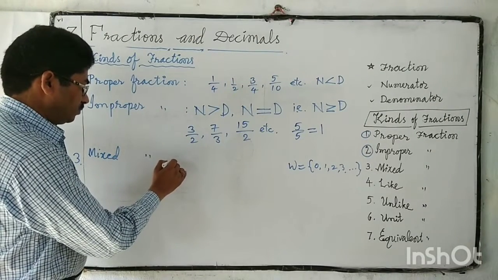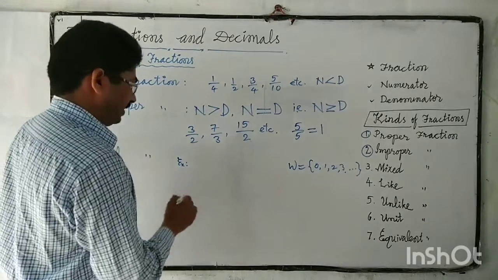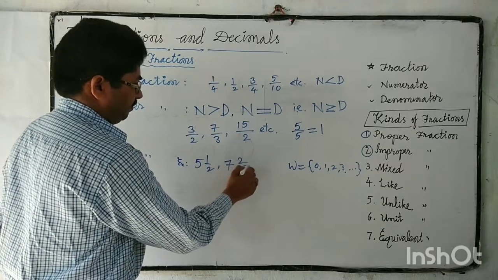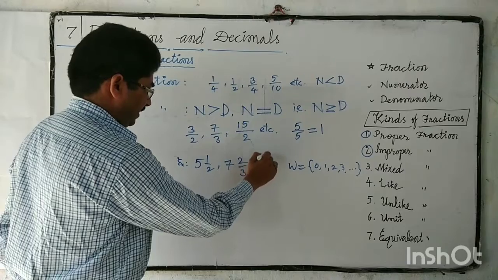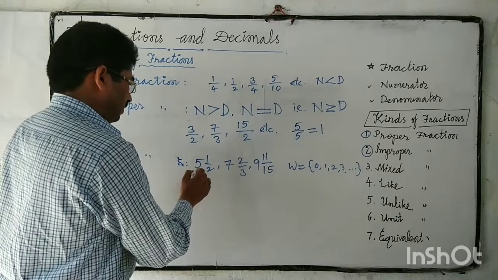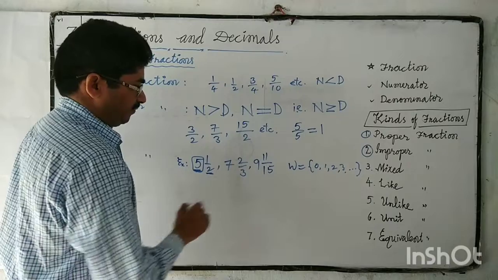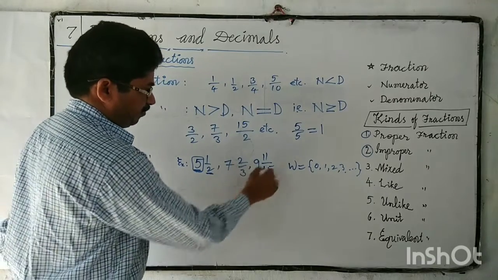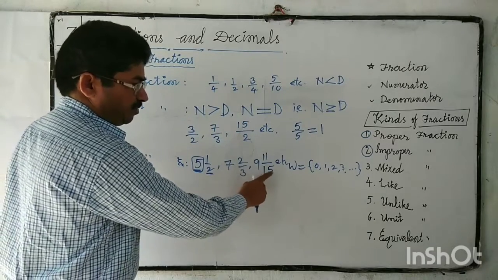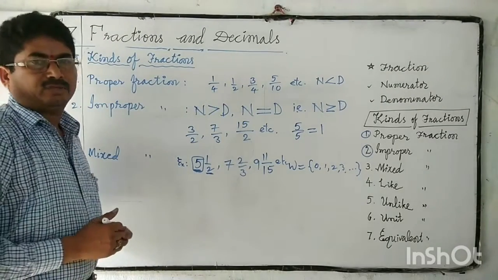Examples: mixed fraction. Example: 5 1 by 2, 7 2 by 3, 9 11 by 15. This is a whole number and this is a proper fraction. In all these, this is whole number, proper fraction, whole number, proper fraction. So that's why these are examples for mixed fraction.